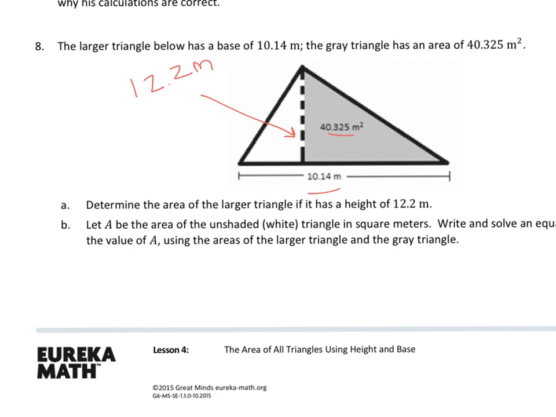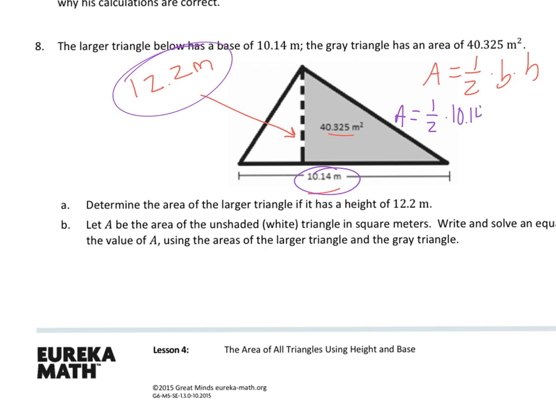So to find that, now you would have to plug in your base and your height and take half of it. And once you multiply these two and then take half, that's going to get the area of this whole shape.